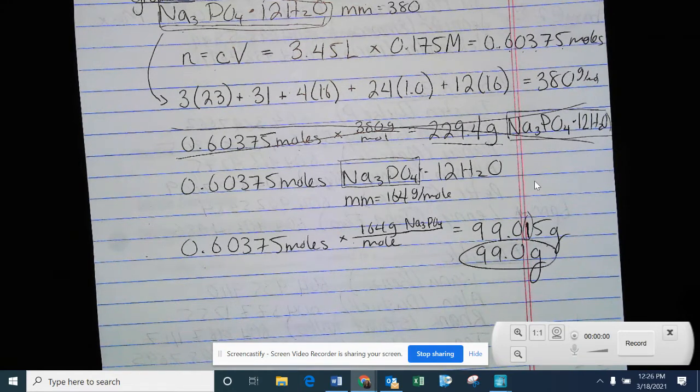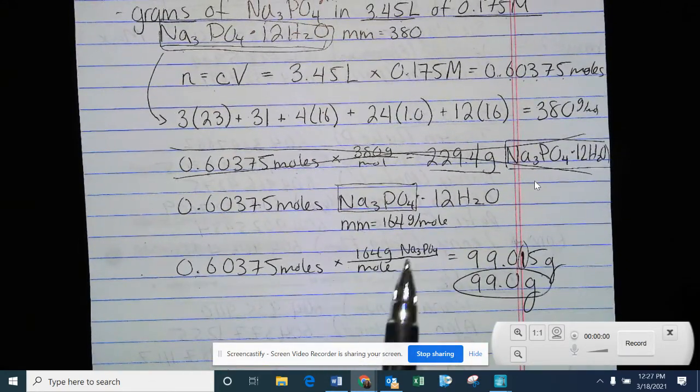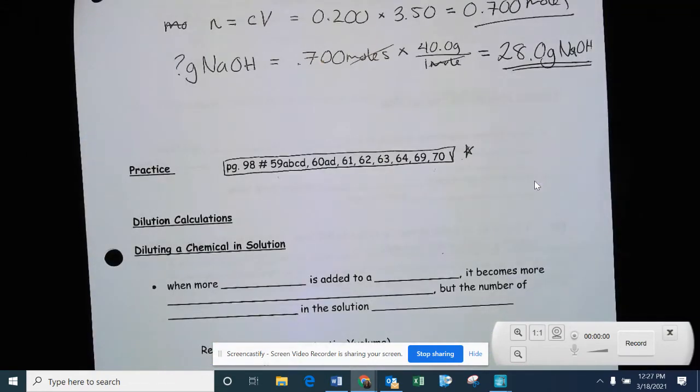You can actually isolate one atom or molecule within something. So you could also find the mass of sodium within this by doing the same process, but with the molar mass of sodium. That's a little bit of an interpret-it-further question.